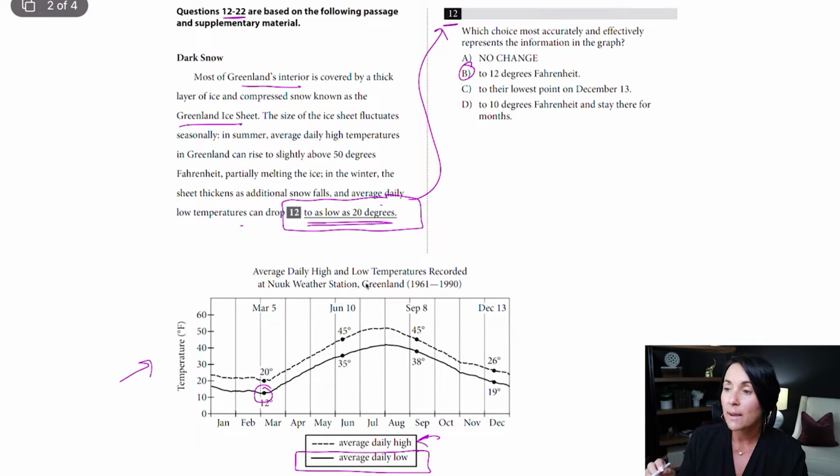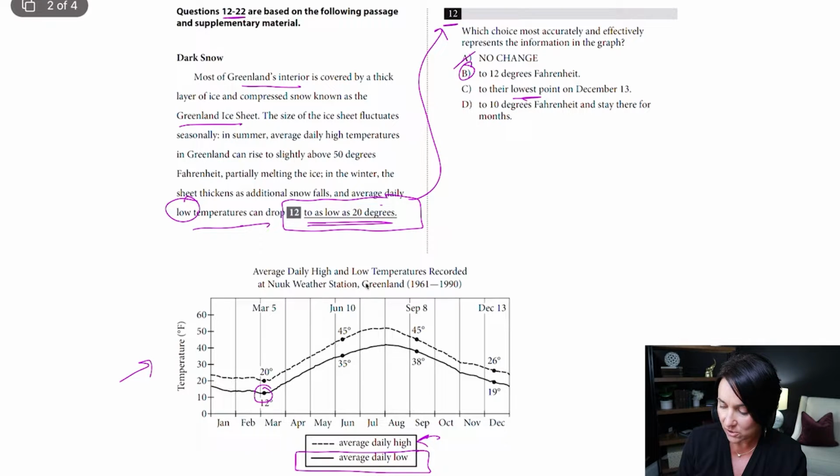So with SAT, sometimes you'll have a graph in with things which will help you. But if we're looking at this from a grammar perspective, low temperatures can drop to as low as. Well, we just said low temperatures can drop. If you say to as low as, it's redundant, so no change is out.